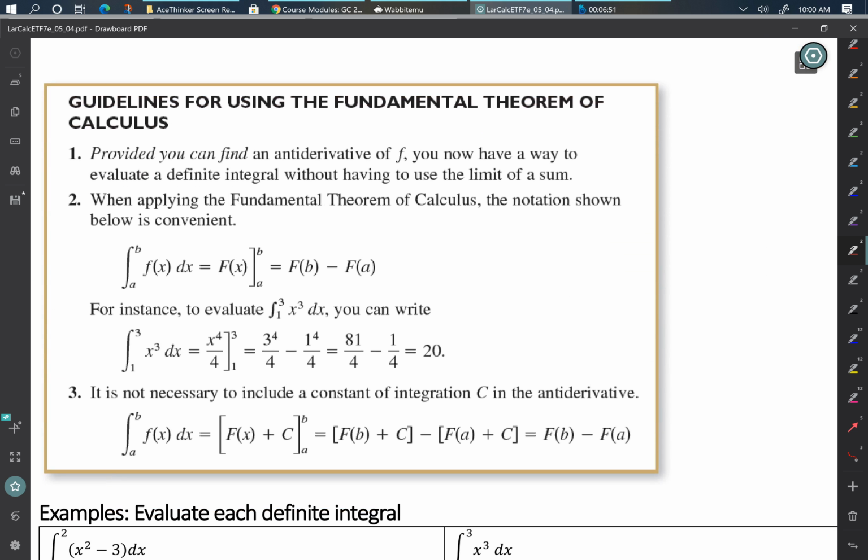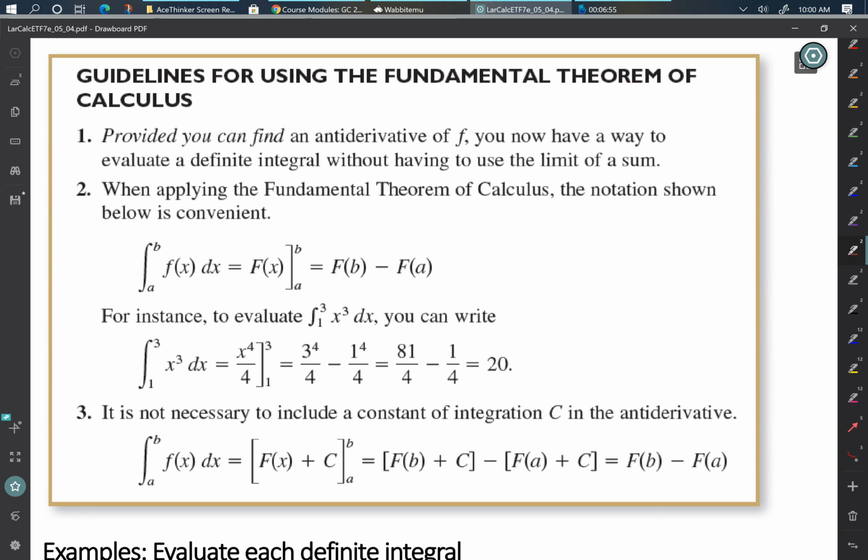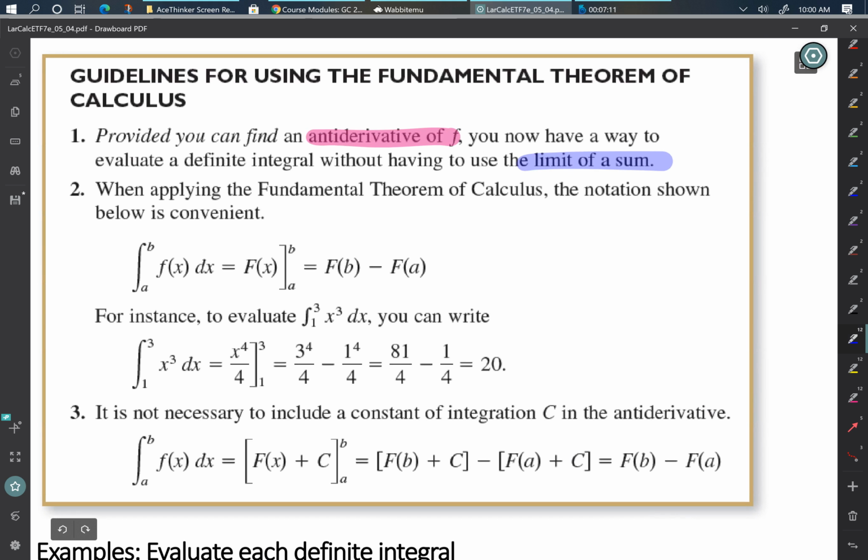let's take a look at the guidelines for using the fundamental theorem of calculus. Okay. Step one is make sure that you can find the antiderivative of your little f. If you can find the antiderivative, then you can use the fundamental theorem. If you cannot find it, then you have to go back and use limits of a sum. Now, this is not a new idea.